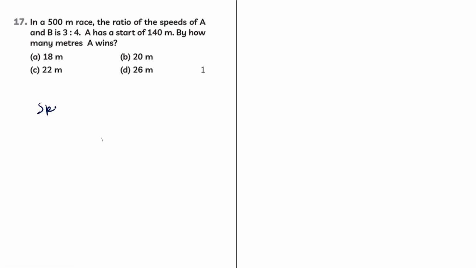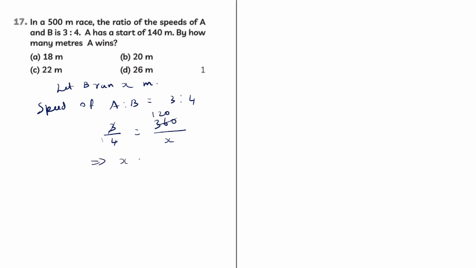So the speed of A is to B, it is 3:4. Now this 3 by 4 is equal to A runs 360 meters, and let B run x meters. So from this we can find x.